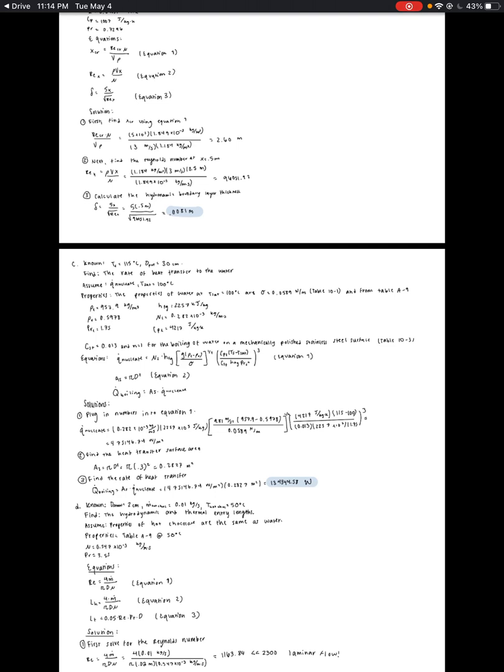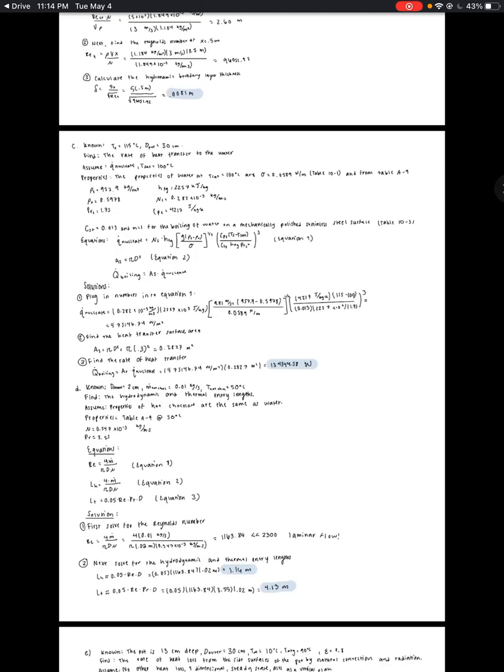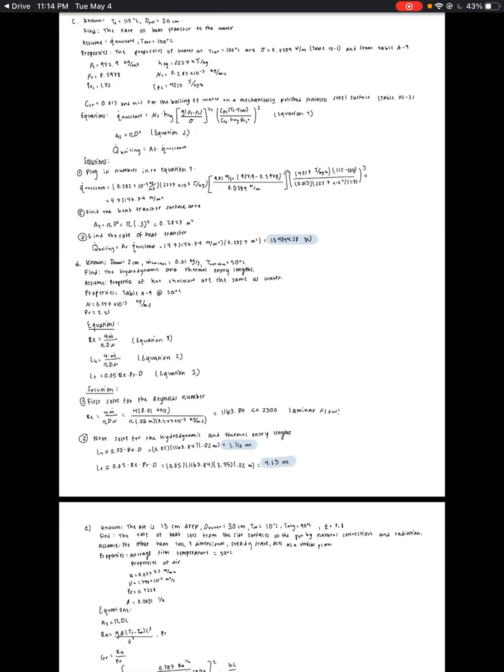The properties are listed, and using these numerous properties, Q nucleate is calculated and then multiplied by the surface area, reaching a final answer of 13,404.58 watts.